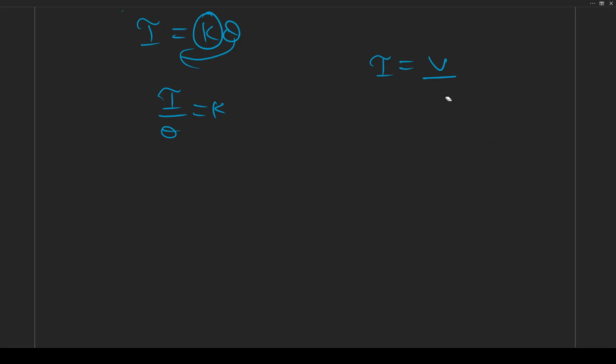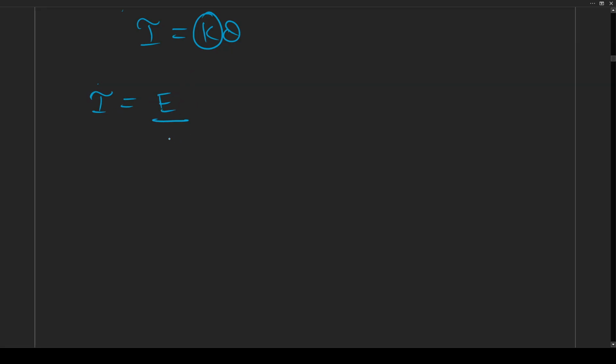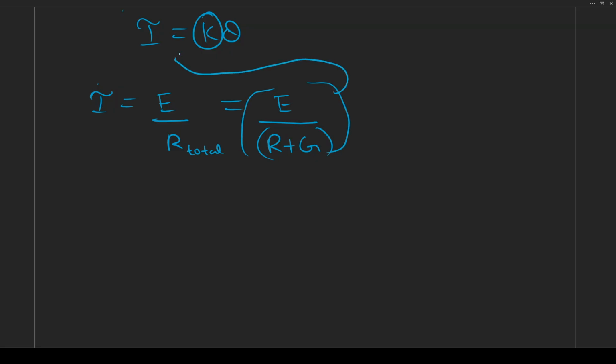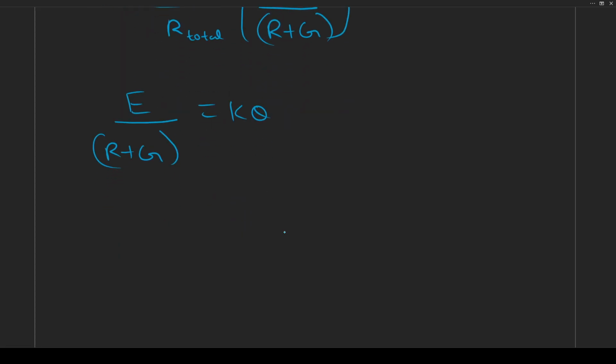I'll write in steps. I is equals to k theta, and again I is equals to E, potential, by resistance total, which is R plus G. So if we substitute this in this equation, E by (R plus G) is equals to k theta.